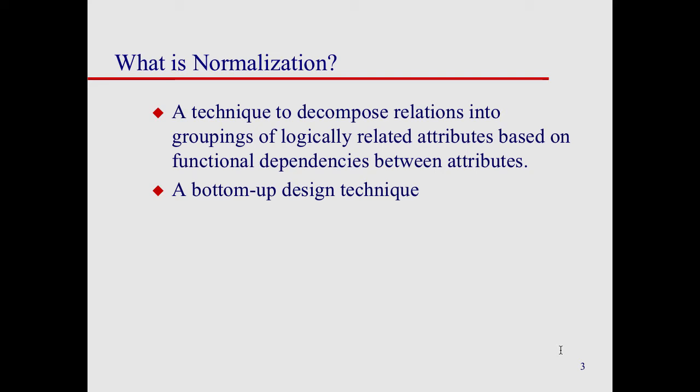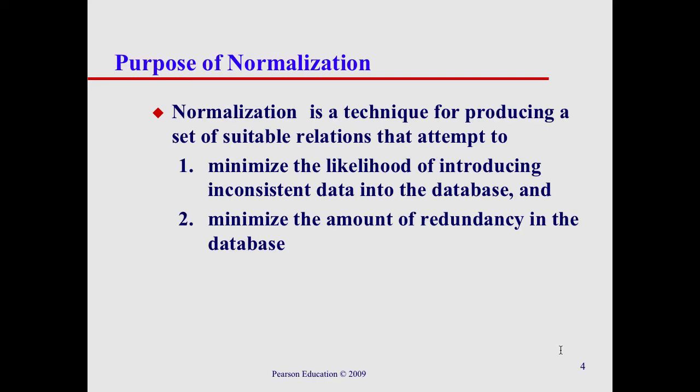Each relation will represent only one entity, or the relation will be modeling a relationship, or it will be modeling a multi-valued attribute, which is the same set of relations you would come to from ER design, just you'd come at it from a top-down perspective.